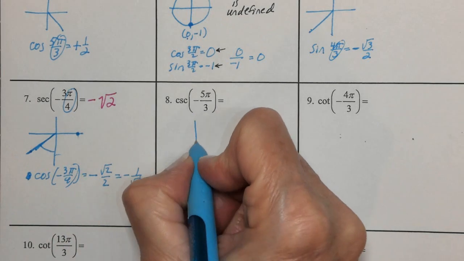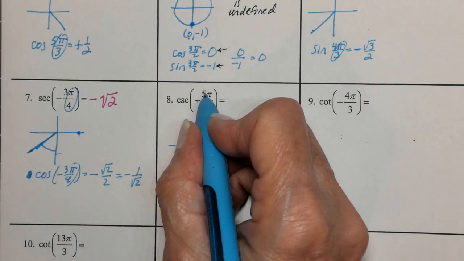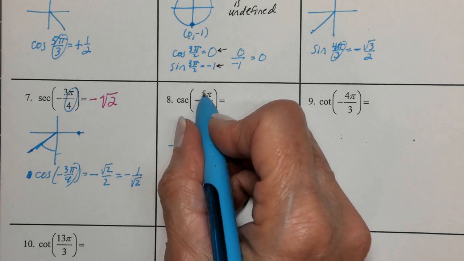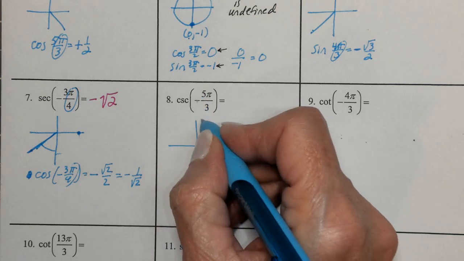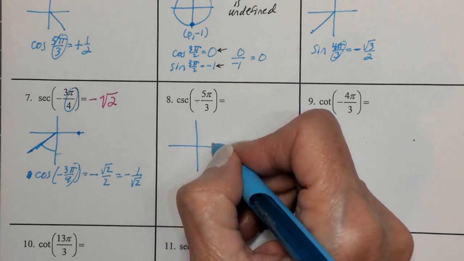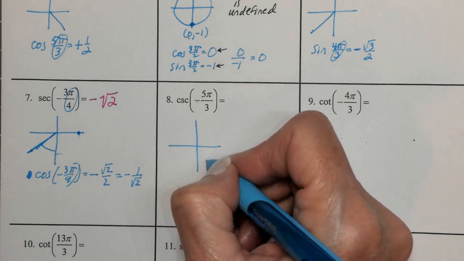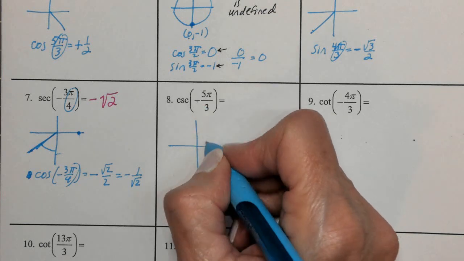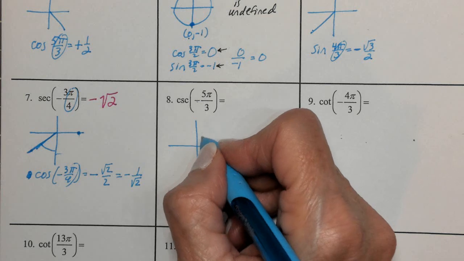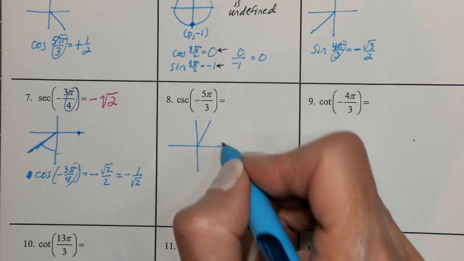Okay, what quadrant would negative 5 pi over 3 be in? Well, positive 5 pi over 3 would be almost all the way around in quadrant 4. So if we go negative, we'll go almost all the way around backwards, and we will end up in quadrant 1.